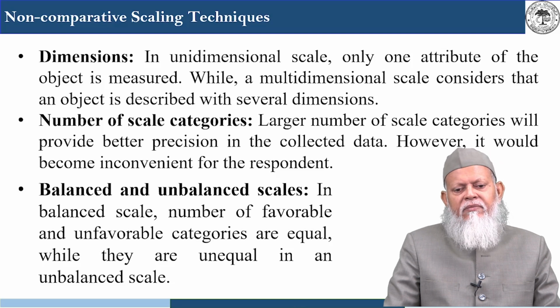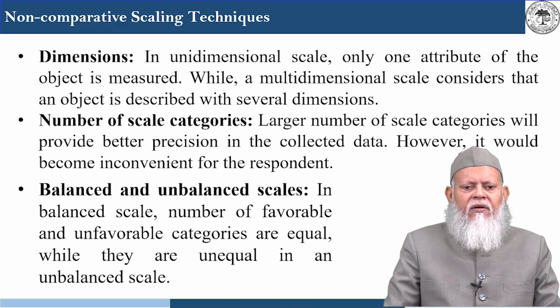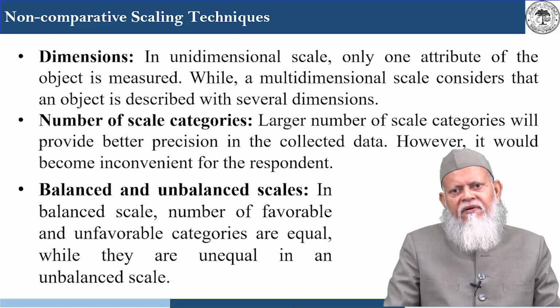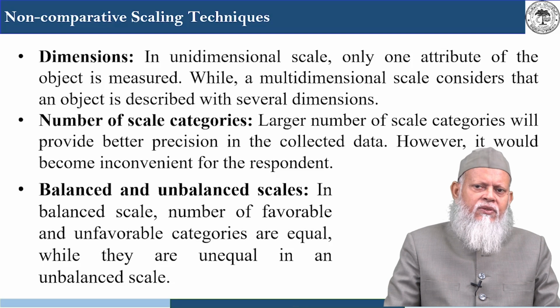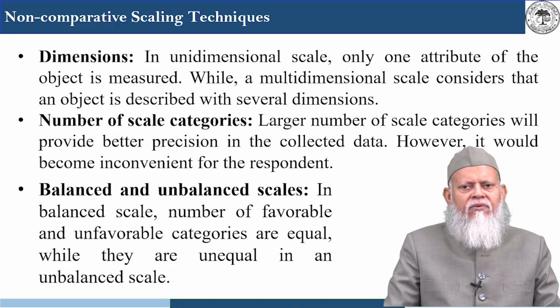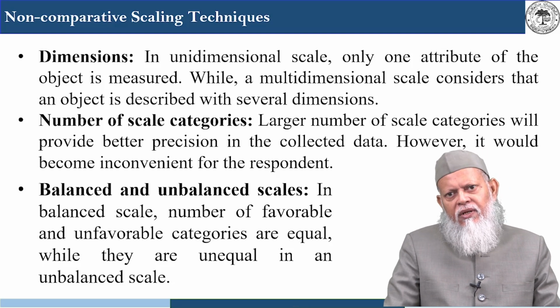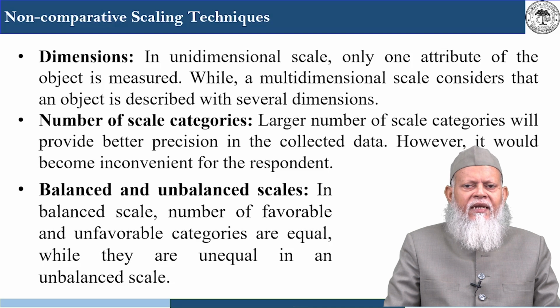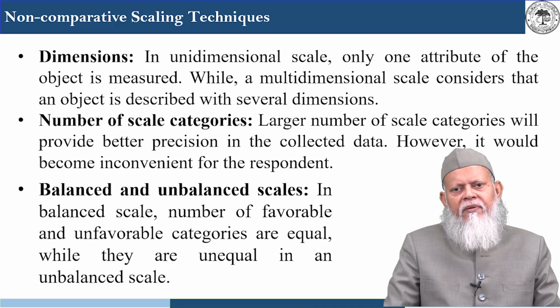Avoiding unbalanced scale means we have to give proper, equal representation to the positive aspects of the stimuli and the negative aspects of the stimuli, to the positive scores of the stimuli and to the negative scores of the stimuli. If we keep the scale balanced, then it would serve our purpose.